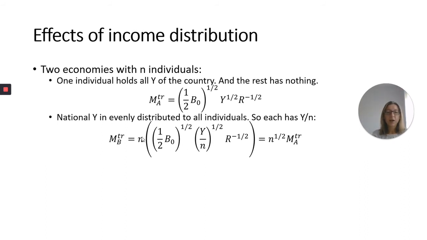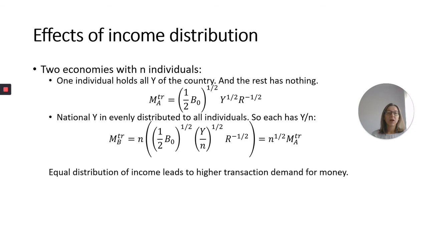If we transform the function, we would get this value, with the power of one half multiplied by the transactions demand for money, which is exactly the same as in country A. And what does this finding say? It says that in country B, the transactions demand for money is going to be higher. Which suggests that a more even distribution of income leads to higher transactions demand for money compared with countries with worse income distribution.